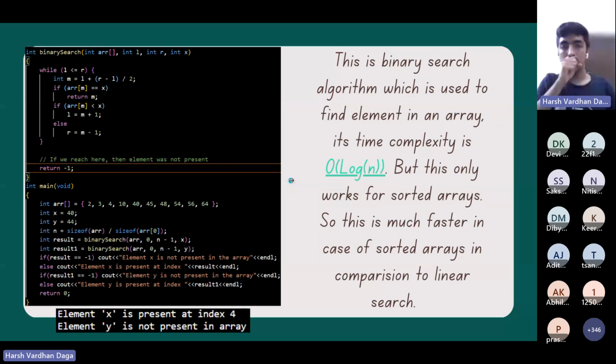This algorithm, I'll give you a rough idea, works by dividing the sorted array into two parts and considering the left part or the right part, depending on lesser or more, comparing the value with the middle element. You'll be taught this in detail in upcoming sessions, so I won't be covering this today.